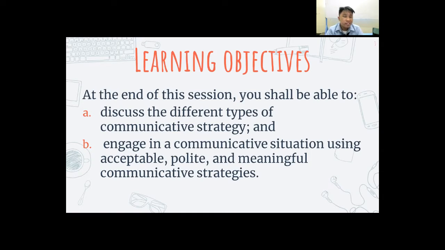Okay, so these are the objectives you need to be able to achieve, and you will achieve these things at the end of the lesson or after you have read your information sheet and performed as well your course activities. So get your pen and notebooks ready, and of course your modules, because we're going to have a fun and exciting discussion about communicative strategies.